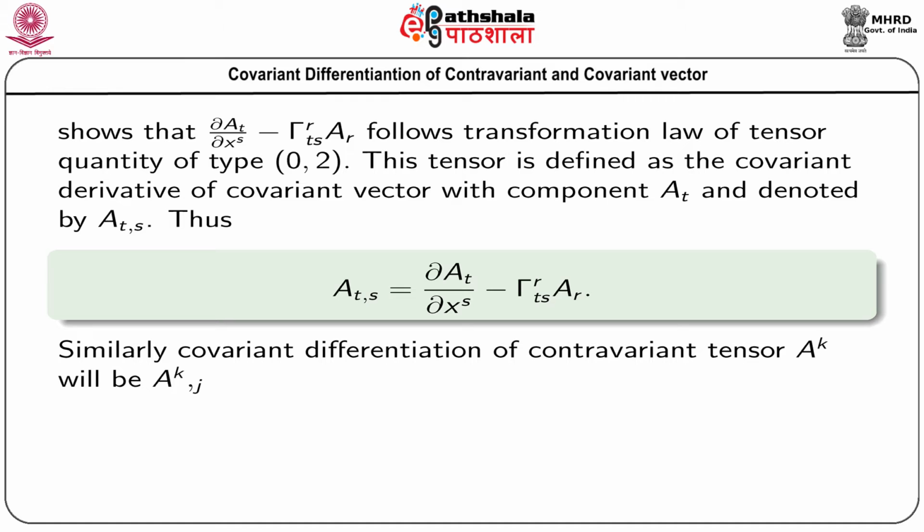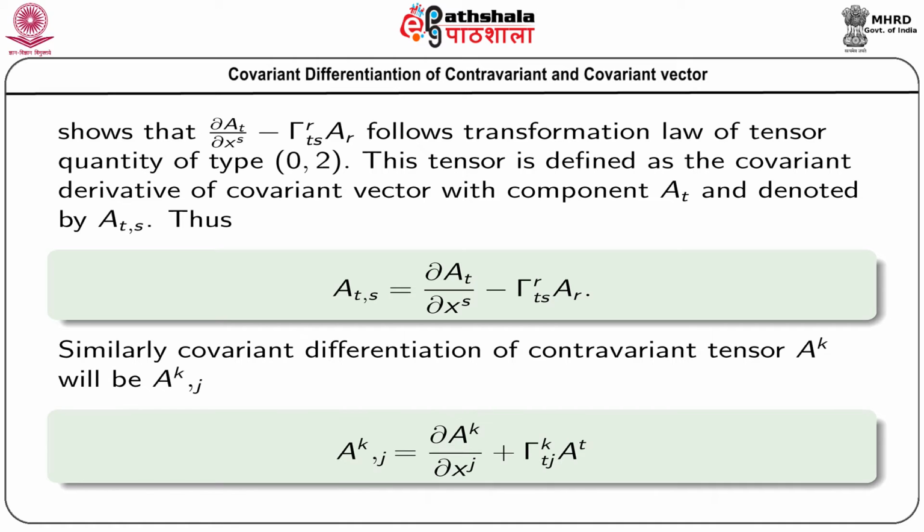Similarly, the covariant differentiation of a contravariant vector a k will be a k comma j, and its expression will be a k comma j equals del a k by del x j plus gamma k t j a t.